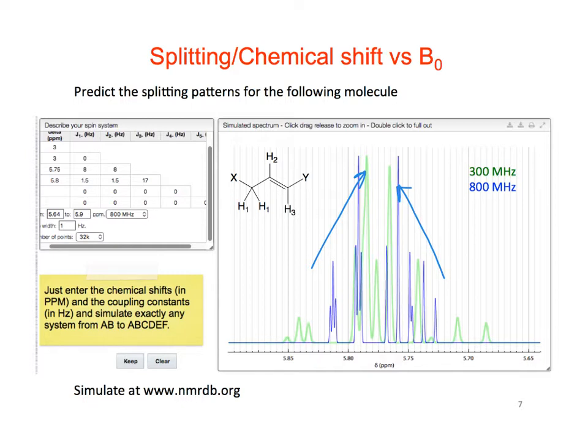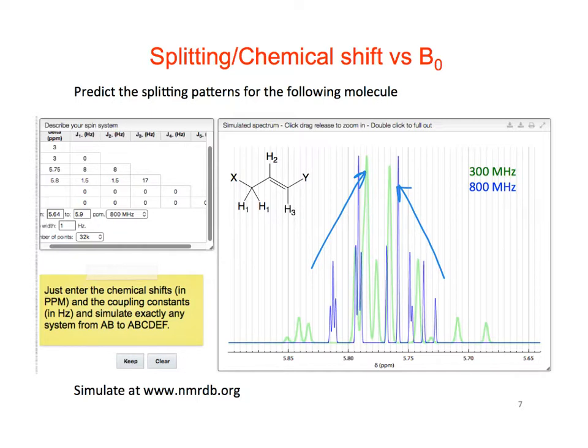So this 8 hertz coupling is going to be 8 hertz no matter what the field strength is. But when we go over here, because at 800 megahertz we have 800 hertz in every part per million, there's a lot more hertz, and so the size of a coupling constant gets very much smaller relative to the total number of hertz in that part per million.